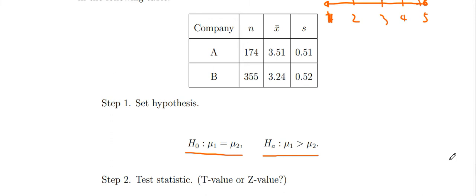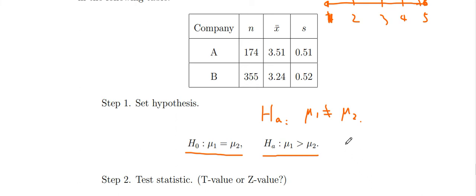Or sometimes you can do this, right? mu1 not equal mu2, simply saying the certification levels are not equal.